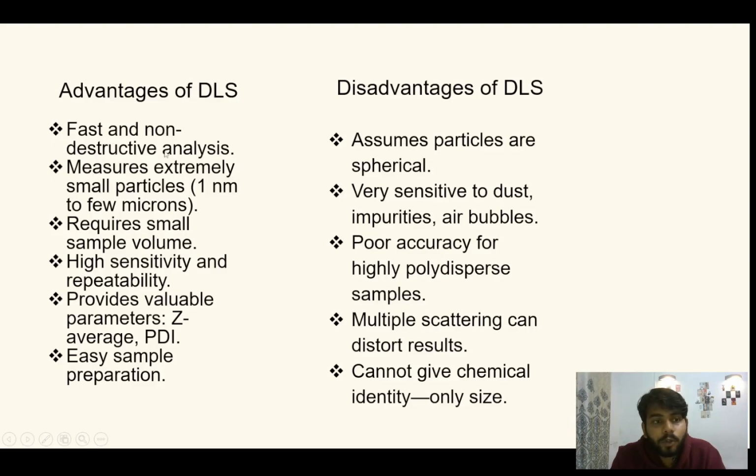It measures almost 1 nanometer to a few microns, so it is very precise and accurate, and it also requires a very small sample volume. It is highly sensitive, and we can repeat the tests. It is very sensitive and repeatable.